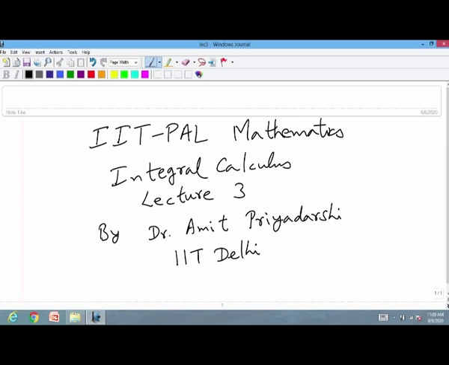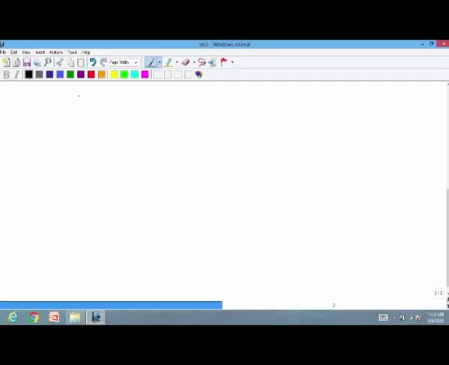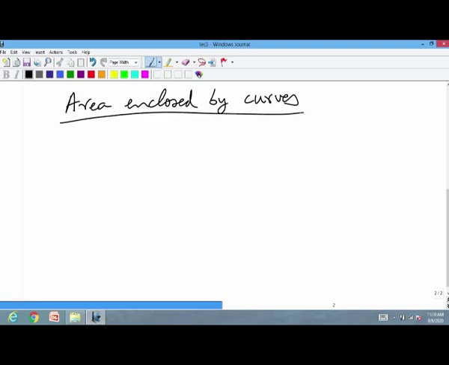So, let us do some problems based on integration. First, let us recall some facts about area enclosed by curves. Suppose we have a function f x greater than or equal to 0.